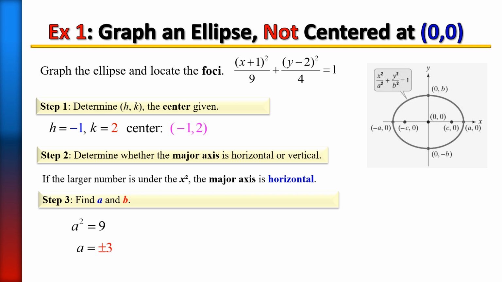Let's find out what b is. Looking again at the model, b squared is here to the right underneath, so b squared equals 4. Once we take the square root of each side, we see that b would be plus or minus 2. And now we're going to take these values and plug them into the formulas so that we can find the endpoints, or the vertices, in order to graph the ellipse.